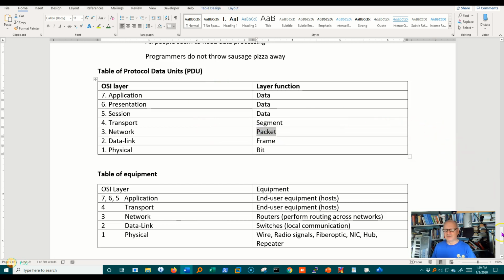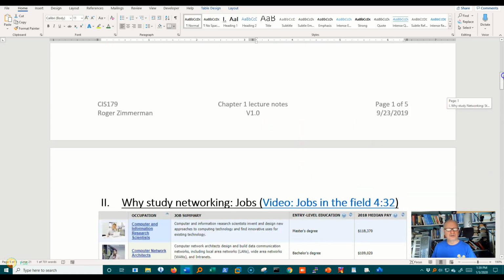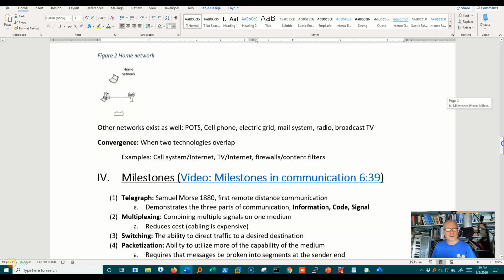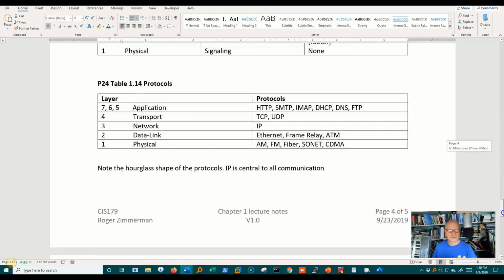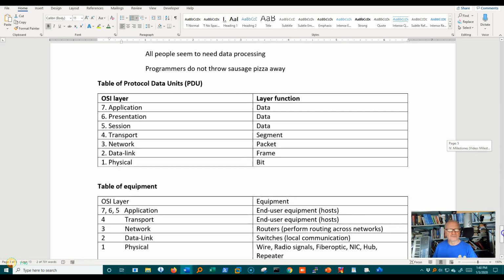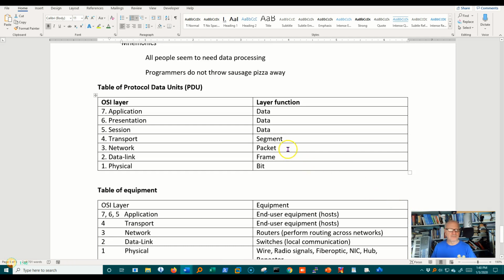As a matter of fact, you may remember way back up here early in the notes when we talked about the milestones, we said packetization. In other words, chunking a message up. So you can see there that the word packet is sort of a generic term. But we want to be more specific in our course. When we talk about packets, we're talking about layer 3.